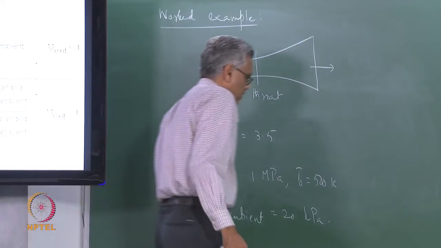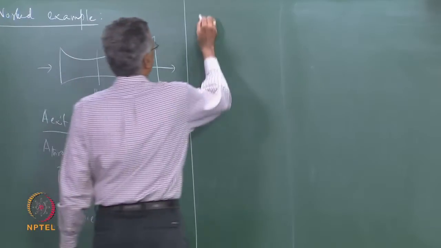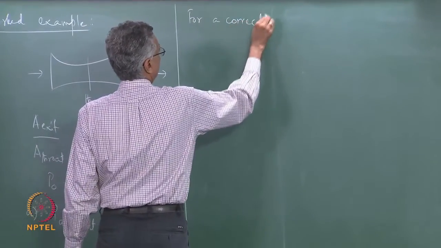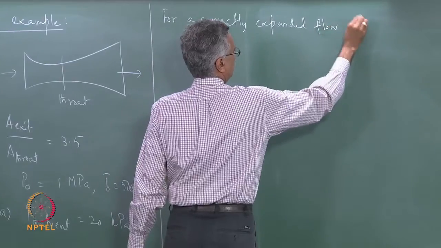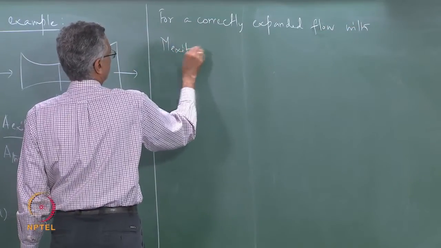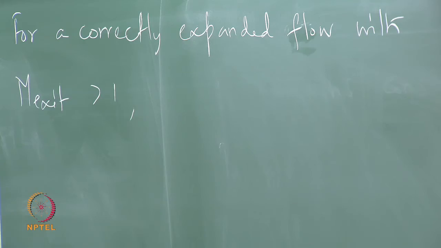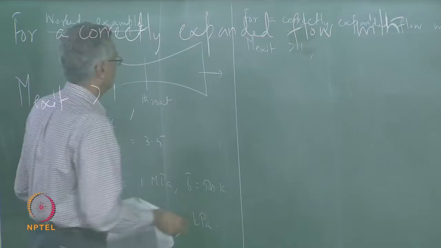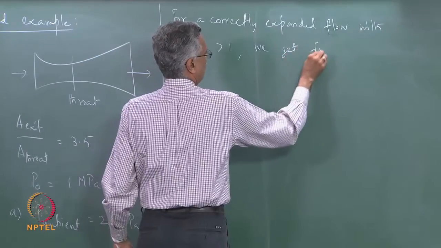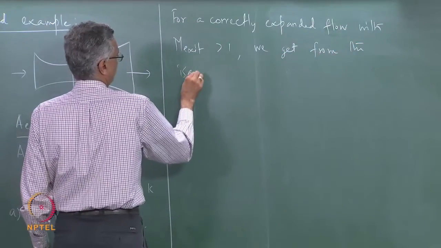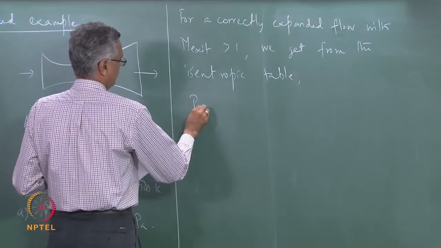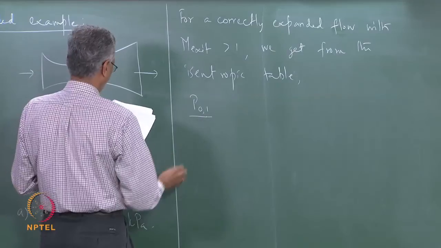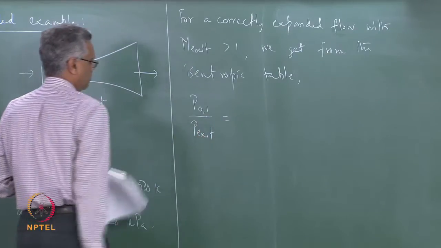So, we go to the tables, and for a correctly expanded flow, with Mach number at the exit being supersonic, we get from the isentropic table P0, let us say P01 just to be on the safe side, over P exit is equal to, so here 1 is the inlet state.